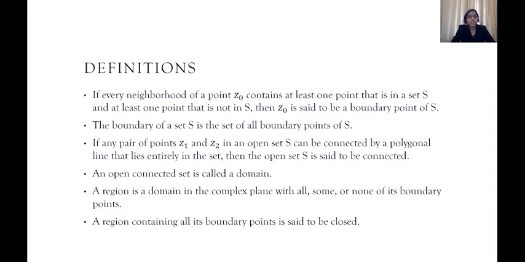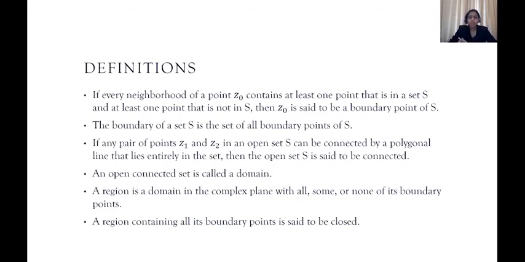The next definition is, the boundary of a set is the set of all boundary points. Then any pair of points z1 and z2 in an open set can be connected by a polygonal line. If they can be connected by a polygonal line that lies entirely in that particular set, then the open set is said to be connected.